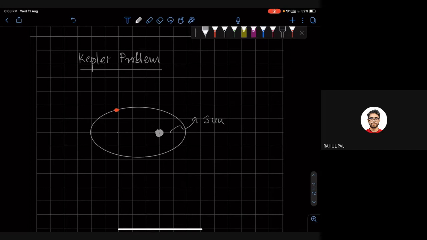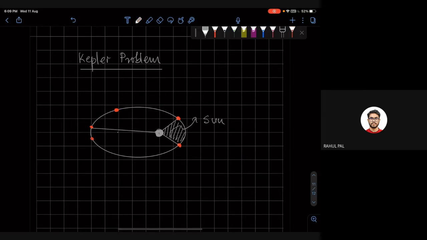And the planet, if it's closer, it'll move faster. It'll move faster in such a way that the area that this sweeps out per unit time, called the areal velocity, is going to be equal to the area that it sweeps out in the same time when it's further away.